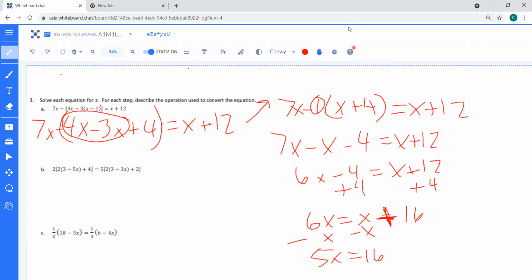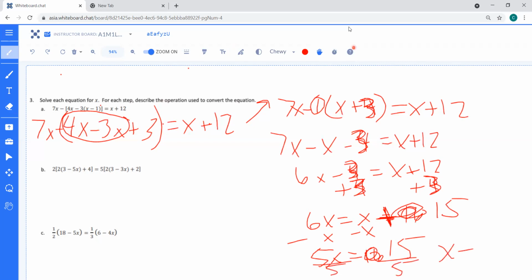I did. I messed up right here. This should have been a 3, not a 4. So this should have been a 3, which made this a 3, which made this a 3, and I've added 3 to both sides and got a 15. I like that better. So 5x divided by 15, x equals 3.